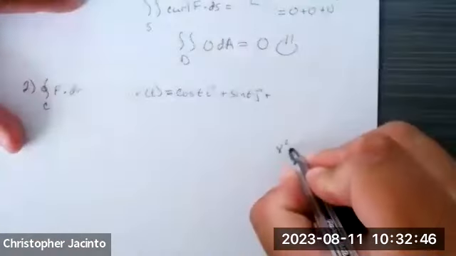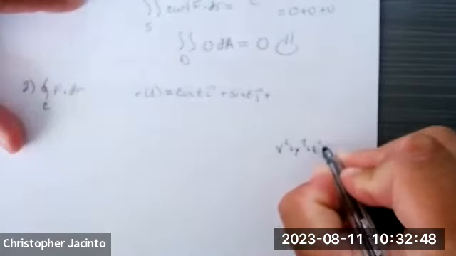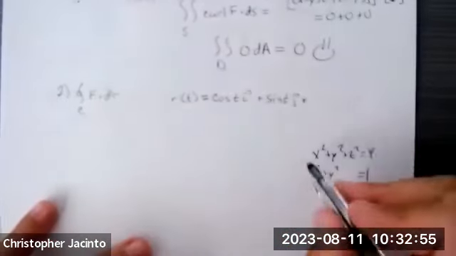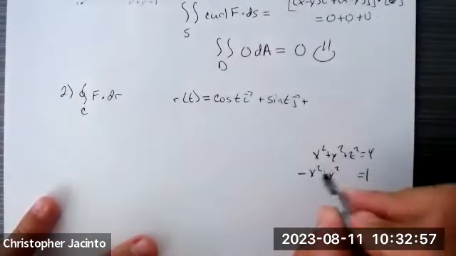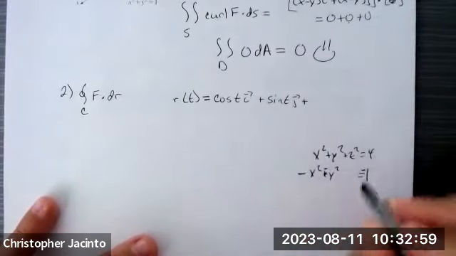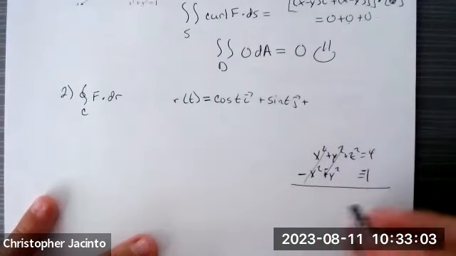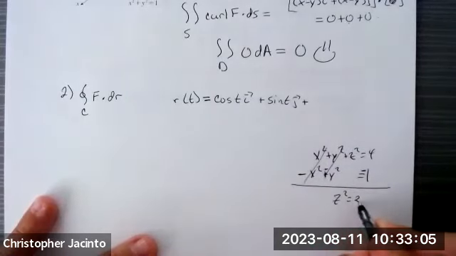It's going to be x squared plus y squared plus z squared is equal to 4. And x squared plus y squared equals 1. So notice if I just multiply by -1 and solve for z, those cancel. We just get z squared is equal to 3.